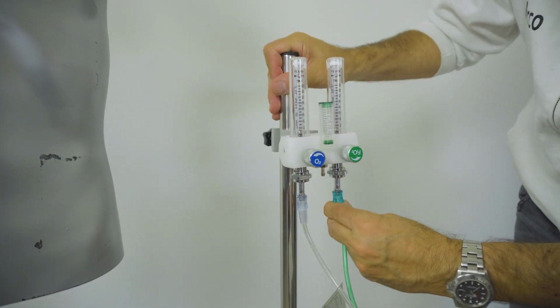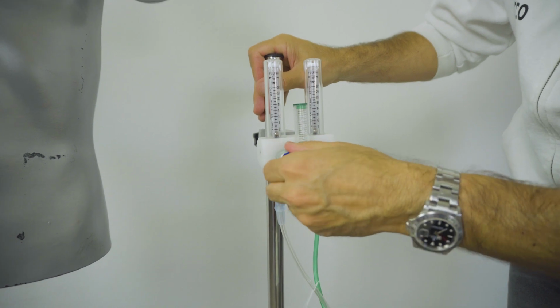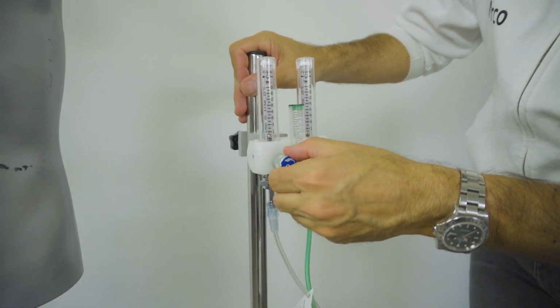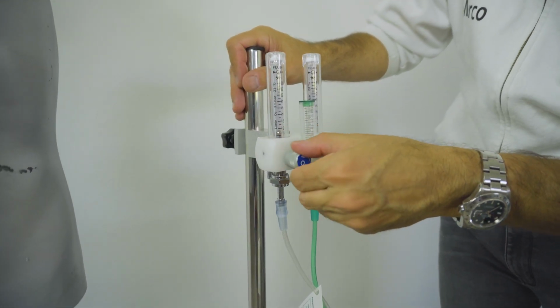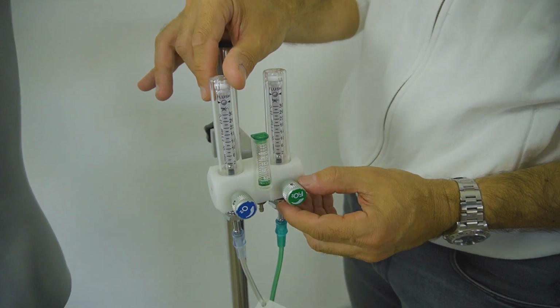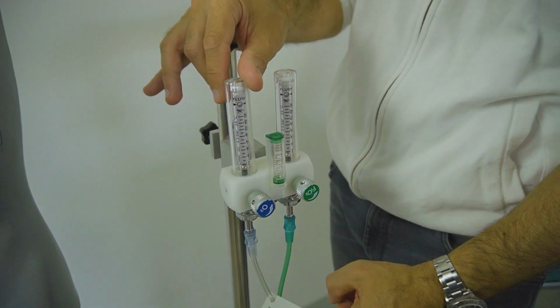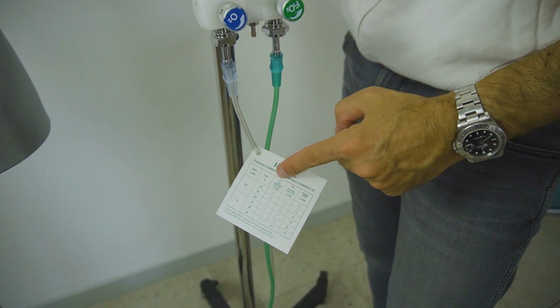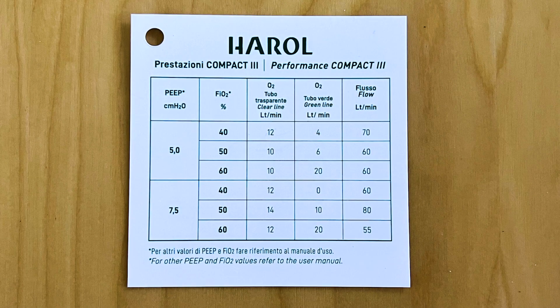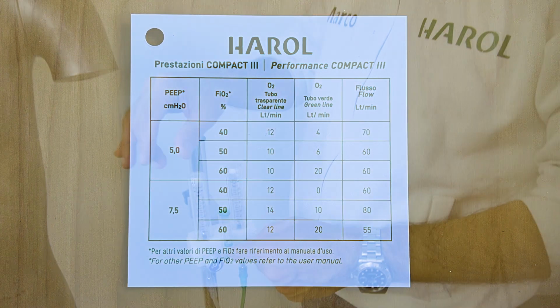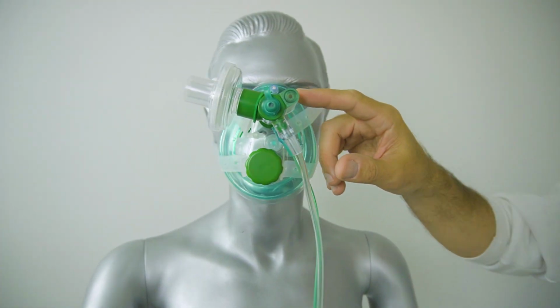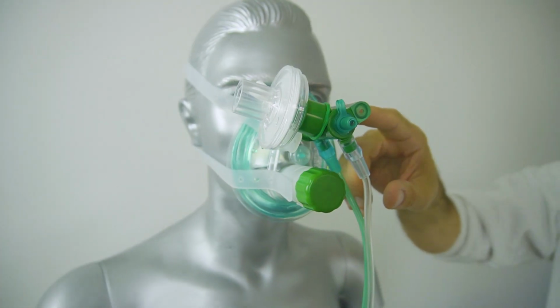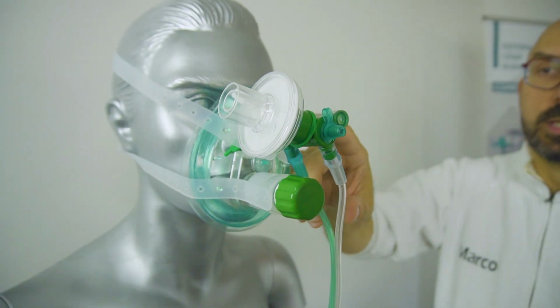By referencing the relative charts, the two lines can be regulated to obtain the desired FiO2. If the PEEP doesn't result stable, the flow can be increased by increasing the input of the transparent line.